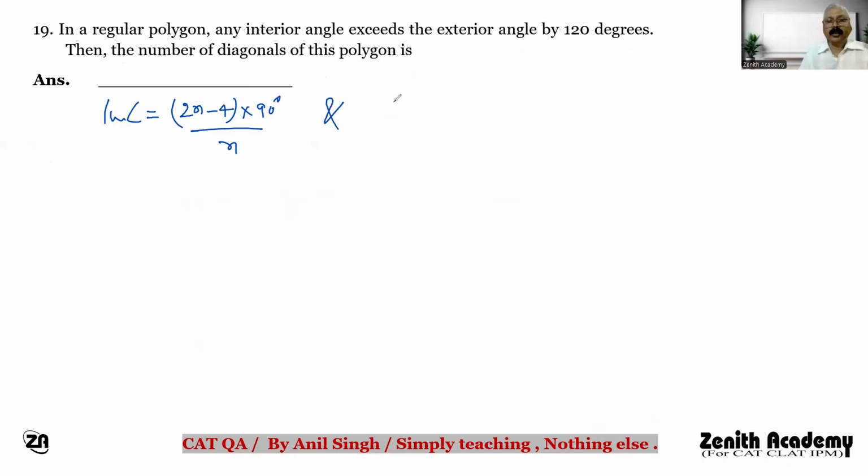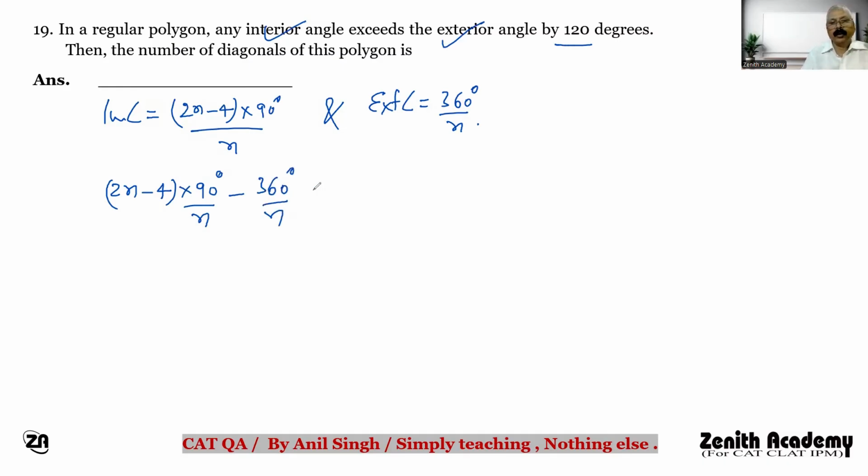And exterior angle in a regular polygon is 360 degree by n. So now interior angle exceeds the exterior angle by 120 degree. It means twice n minus 4 into 90 degree by n minus 360 degree by n is equal to 120 degree.